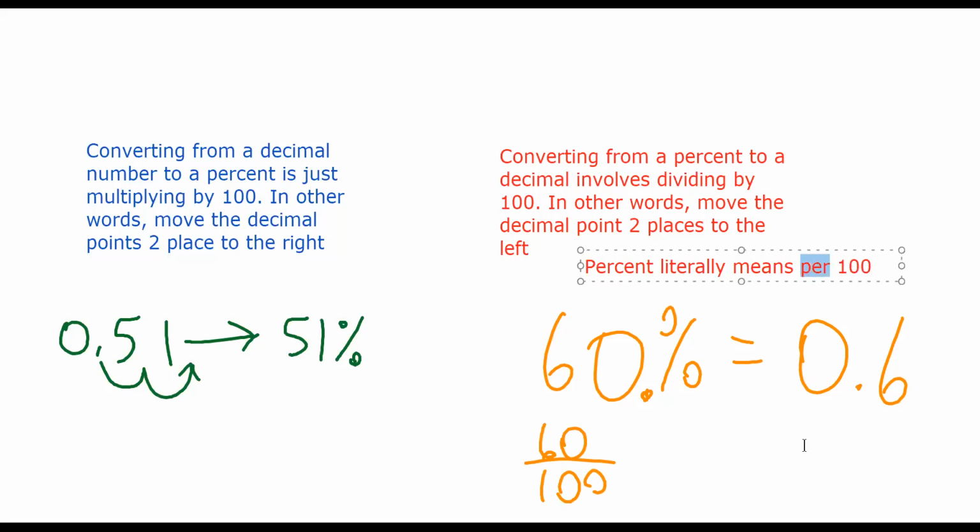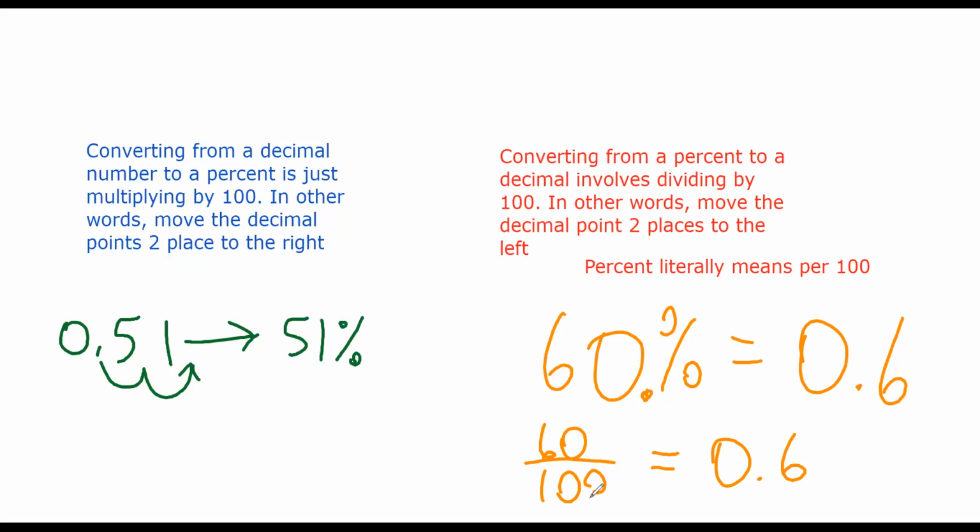And even further, the word per means divide. So if I'm saying 60%, I'm saying 60 per 100. 60 divided by 100. And thus, as a decimal, 60 divided by 100, you can pop that in your calculator if you don't believe me, will give you 0.6.